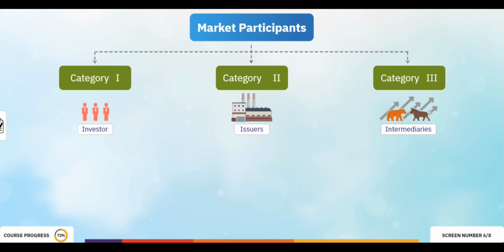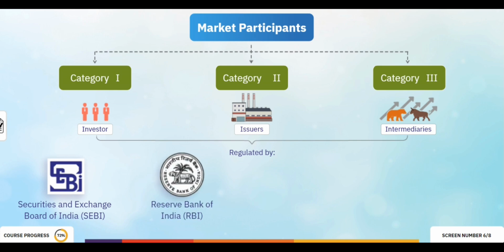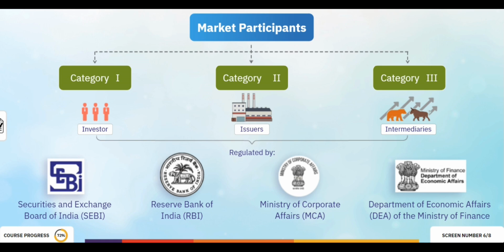These participants are regulated by the Securities and Exchange Board of India or SEBI, Reserve Bank of India or RBI, Ministry of Corporate Affairs or MCA, and the Department of Economic Affairs, or DEA, of the Ministry of Finance.